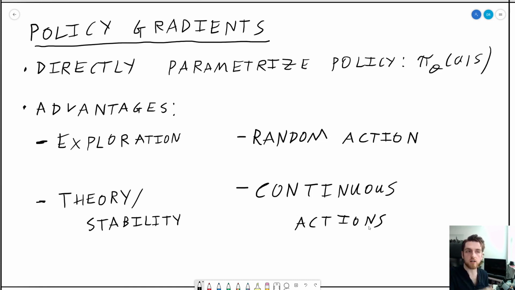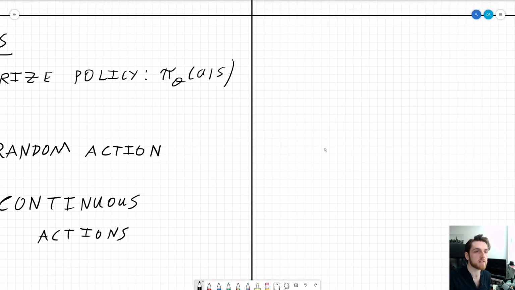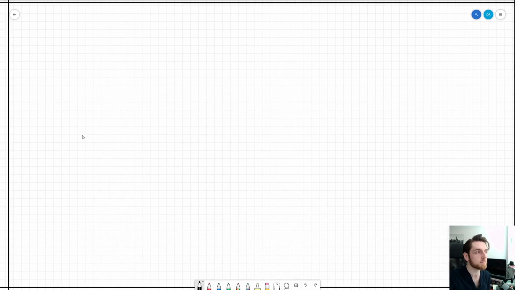Whereas if you are learning a policy, as long as you set up an appropriate policy, you can very easily sample a continuous action from that policy. So it's much more natural in a setting with continuous actions.